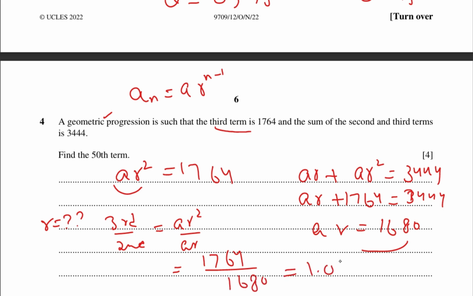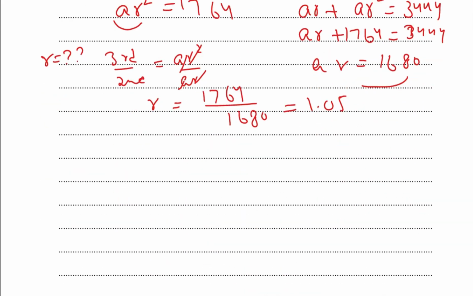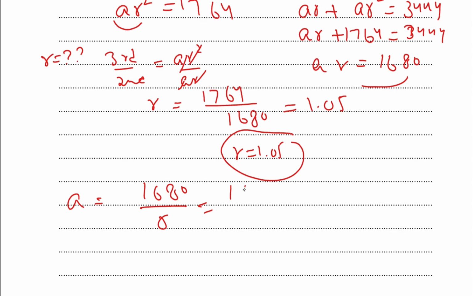This will be 1.05, and ar squared over ar will cancel and we will be left with the common ratio, which is r equal to 1.05. So a will be equal to 1680 divided by r, and 1680 divided by 1.05 gives us 1600. So the first term was 1600, that is what we have calculated.